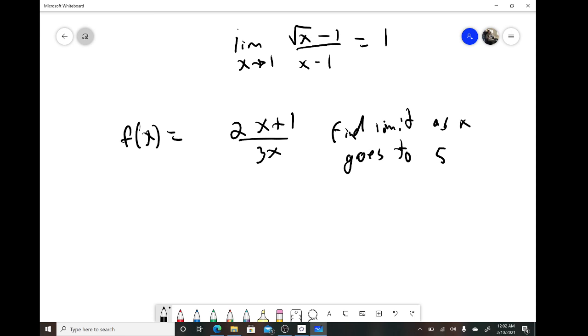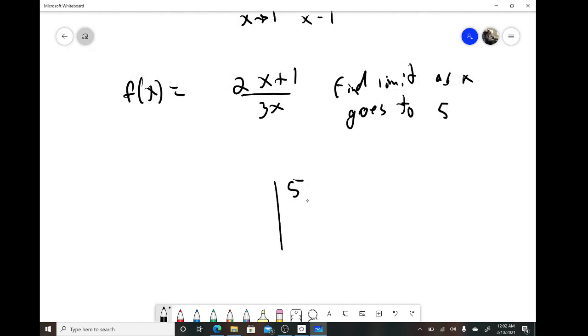Then all you have to do is make a table of values and see what number it approaches. So let's see what happens here. I'll just do this one really quickly. I'll just pick two numbers because I'm just trying to illustrate the example, 4 and 6. 4 and 6 are actually still very far from 5, but this will give you an idea.